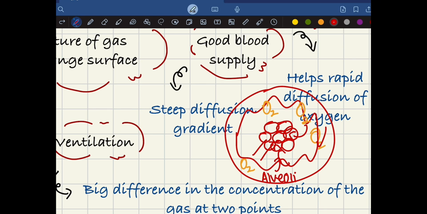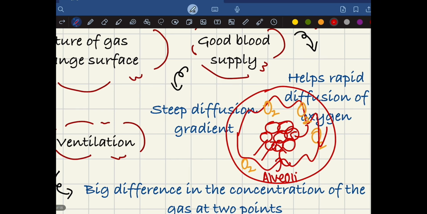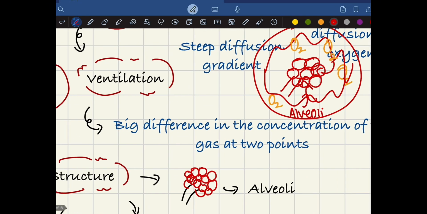If you have a good supply of blood, you will have a good amount of oxygen in your blood, which will increase the concentration of oxygen in your blood, which will give you a steep diffusion gradient.